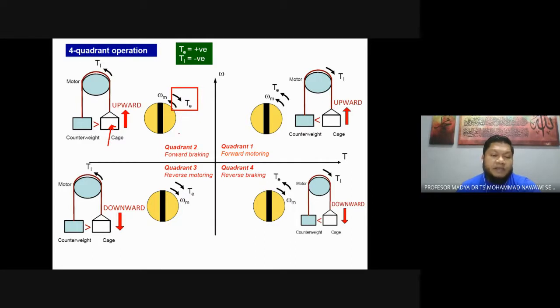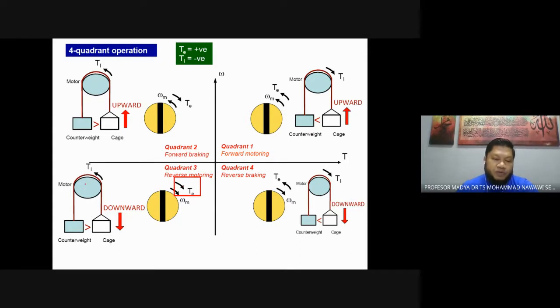But in terms of this third quadrant, you want to move the cage downward. Of course, your motor will need to rotate in that direction, right? And therefore, you apply a positive torque in that direction. So this is known as the reverse motoring.